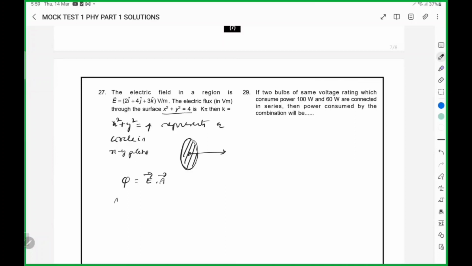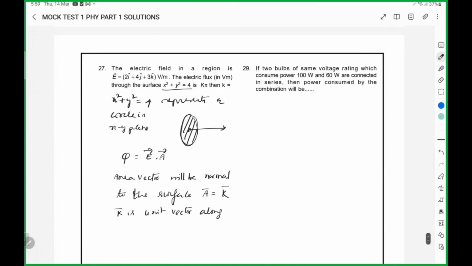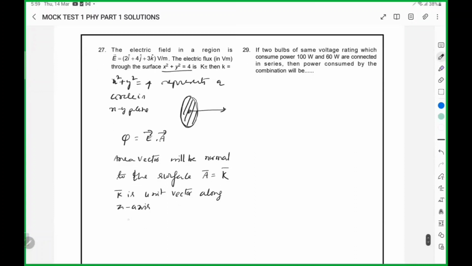So the area vector will be normal to the surface. That area vector is along k bar, where k is a unit vector along the z-axis.